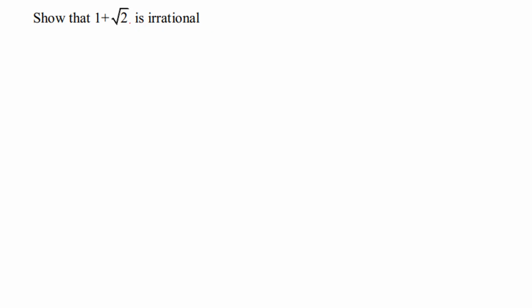If you've been asked to show this, it means we already know this is an irrational number. They just want you to show that it's an irrational number. So now how do we do that?